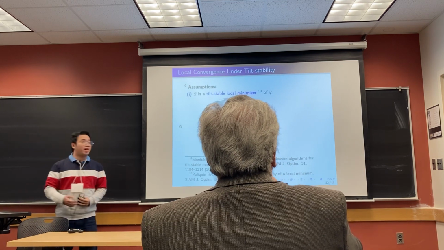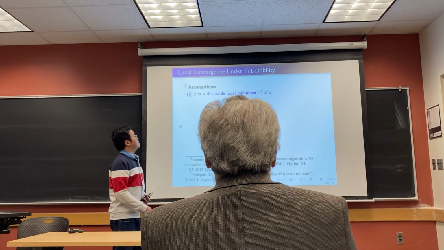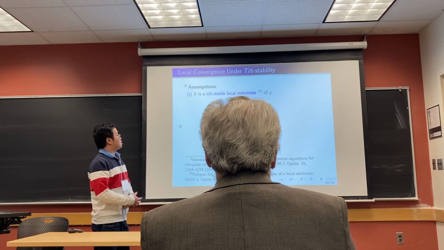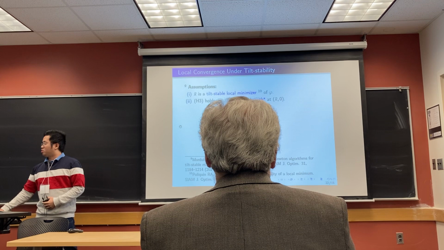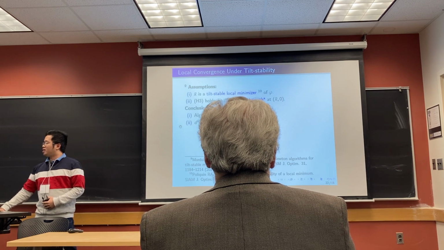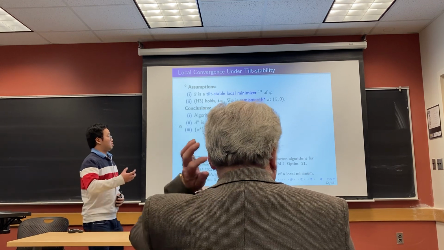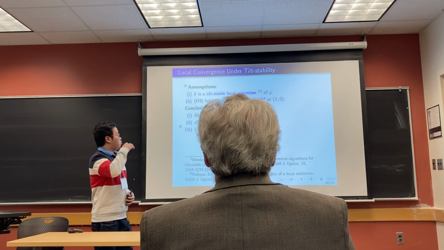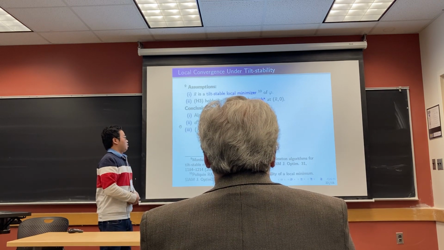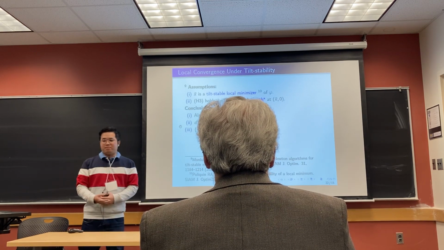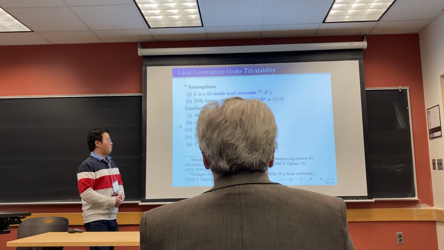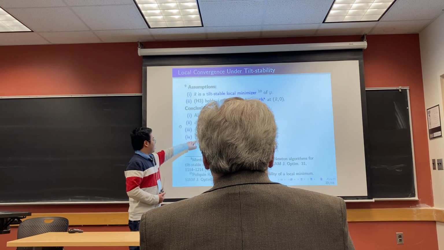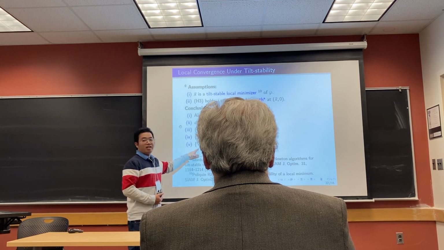And if we have more conditions, that means that x bar is a tilt-stable local minimizer, we can get more conclusions. That means not only the convergence of the sequence, we also get the descent direction property of the direction, and we can also get the convergence of the value sequence and the gradient sequence.